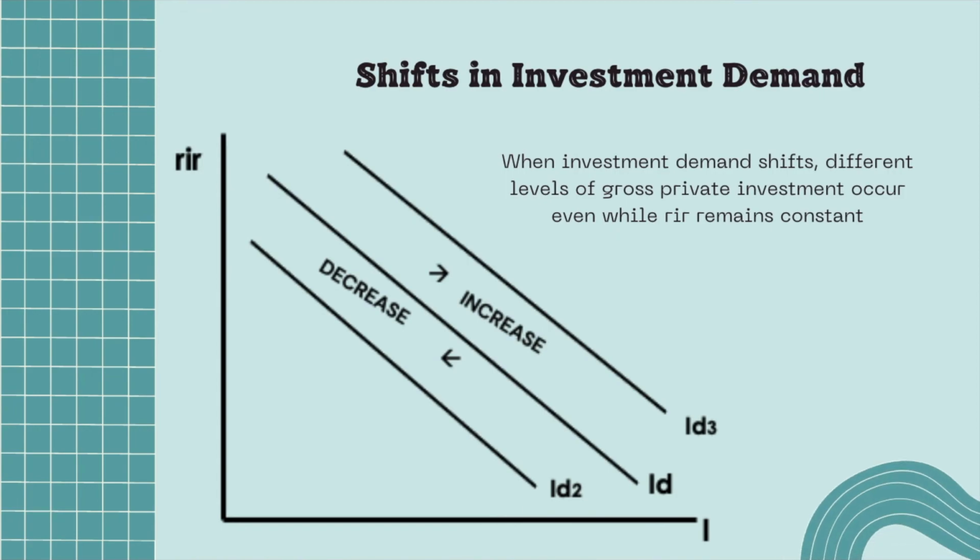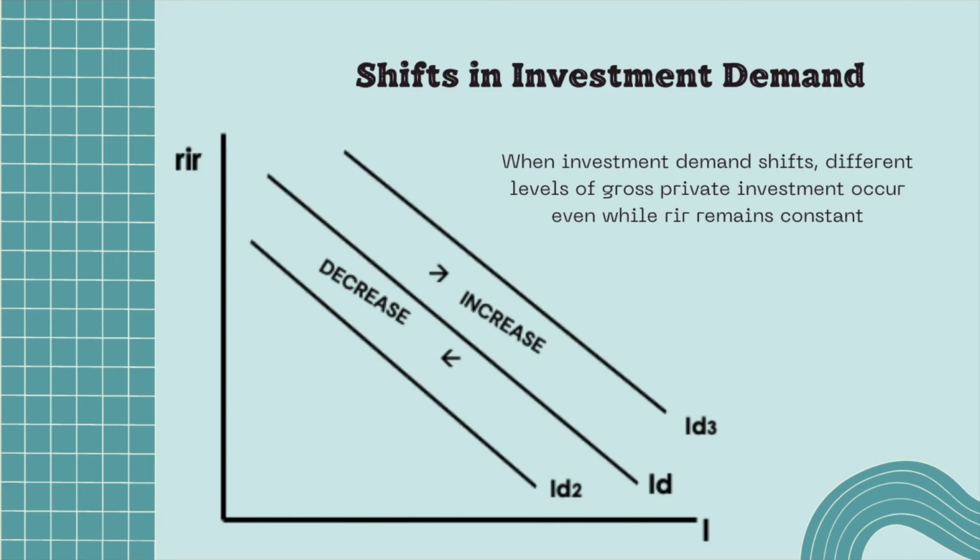Next is the shift of the investment demand. Shifts of the investment demand curve, which again is a special form of demand, are fairly straightforward because it largely does the same things you expect from market demand.